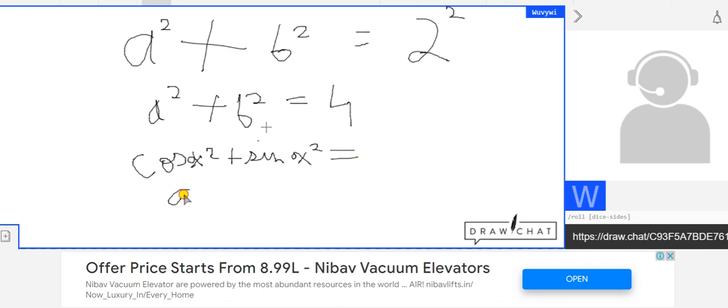It will be a square plus b square, and down we'll have 2 square, and we'll have 2 square. 2 square is nothing but 4. So we get 4. So we'll erase this.